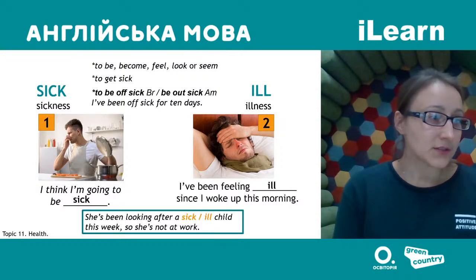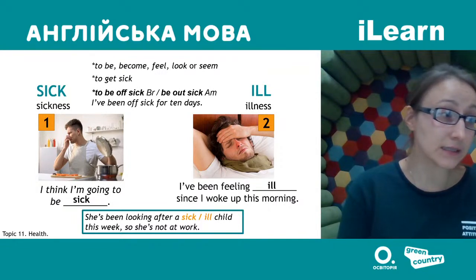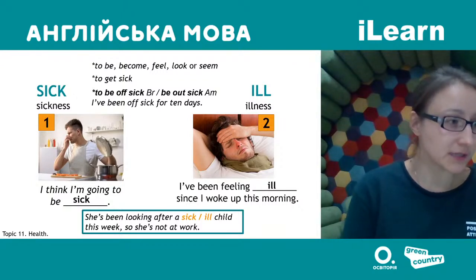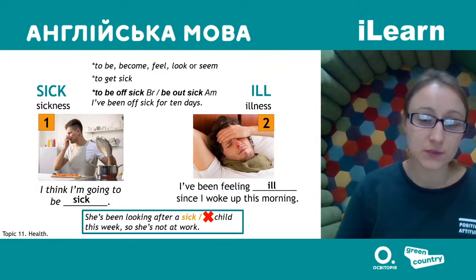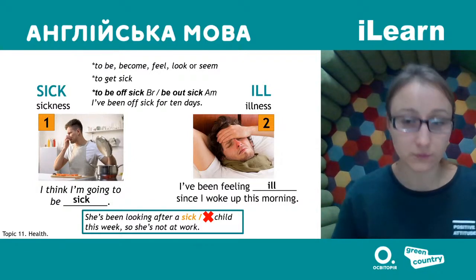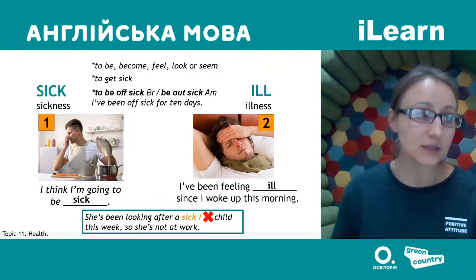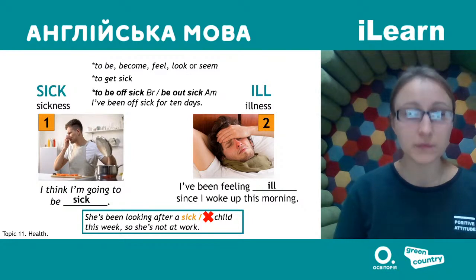Give me your variants in the chat. Sick, ill. More sick. Бачу, що більше варіантів sick. That's right. If you combine it with a noun, якщо ви кажете, що хвора людина, хворий там хлопчик, хворий будь-хто, у вас є іменник, то це тільки sick. Ill is not used. Тобто в цьому випадку ill вам не підходить.